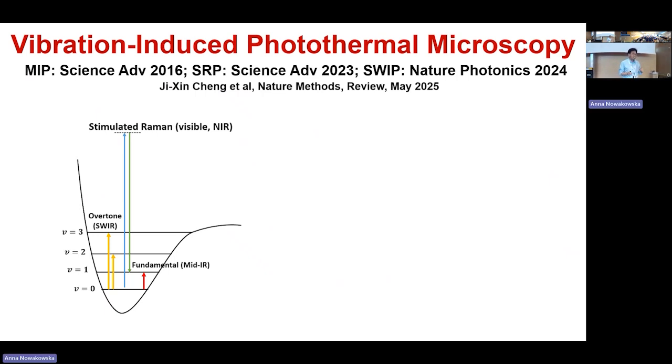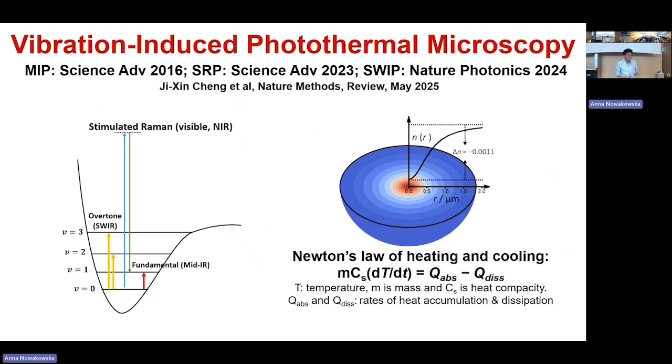And this can be done through a mid-infrared absorption or overtone transition by shorter IR excitation, or through this stimulated Raman two-photon absorption by visible or near-infrared light. Because the fluorescence yield is almost zero, all the energy goes to heat, and heat diffusion follows Newton's law, and that is on the nanosecond to microsecond scale.